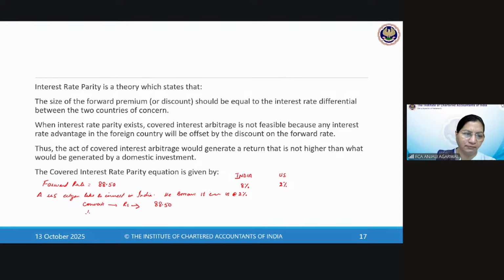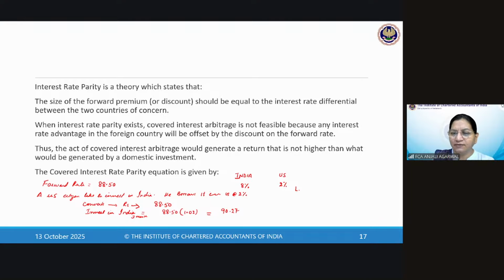Invest in India, let's say for 3 months. So 88.50 will become 88.50 into 1.02, which is 90.27.